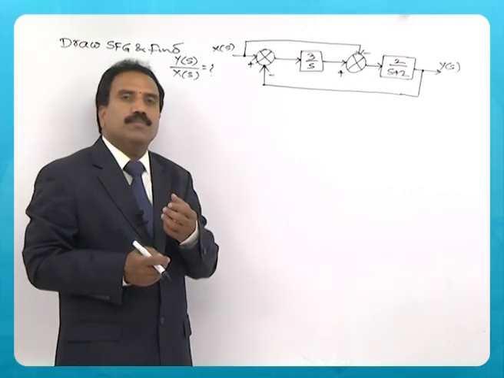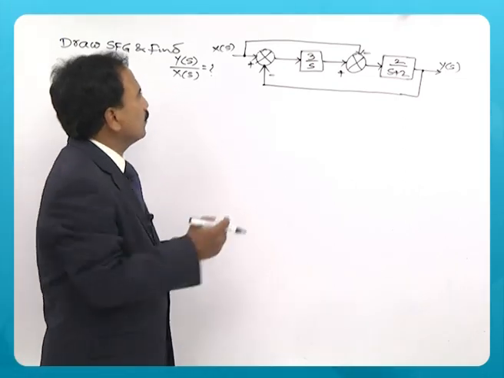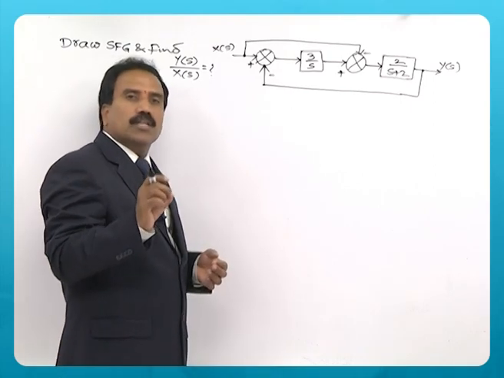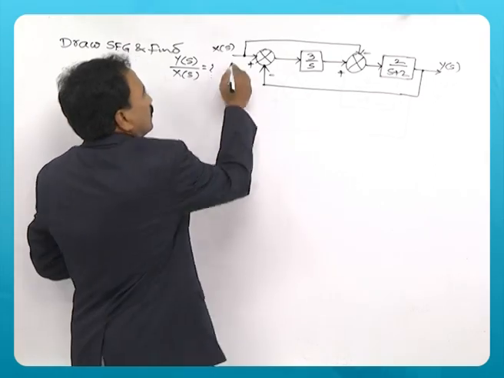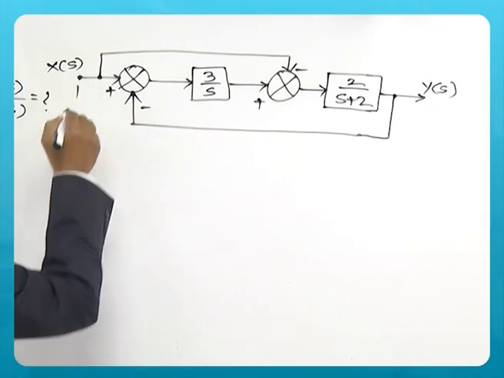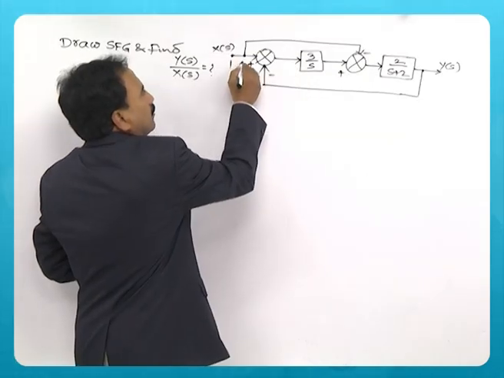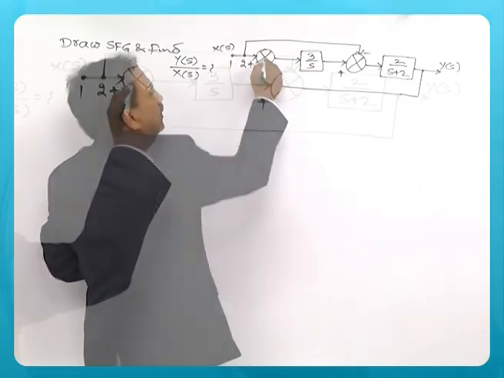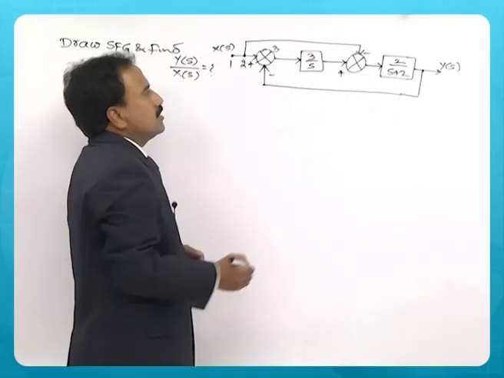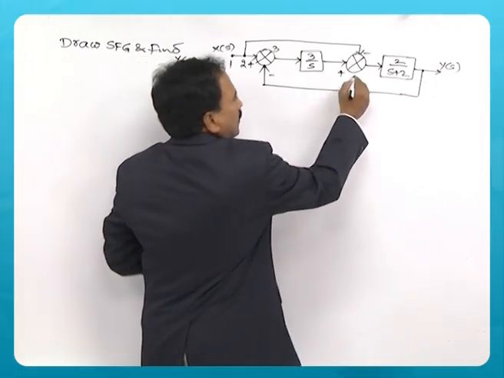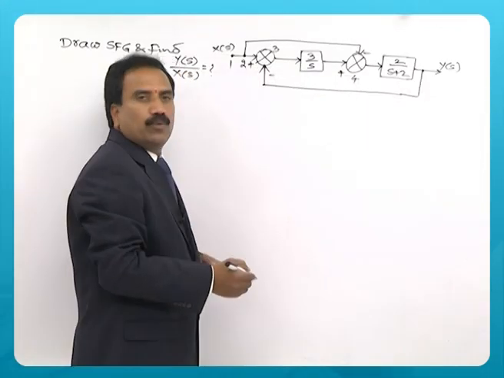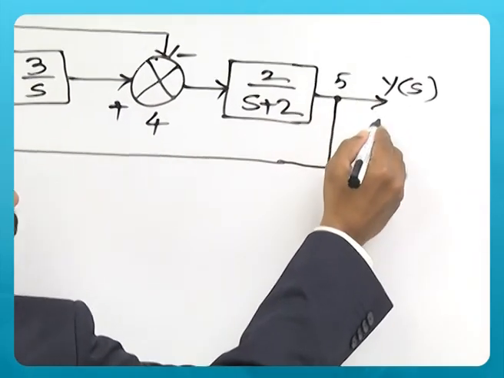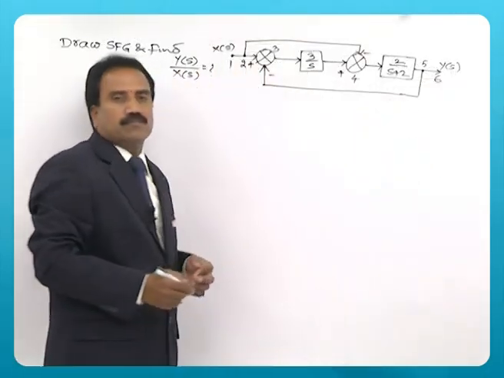The first step you should remember to draw the signal flow graph is that you need to identify the nodes, which are nothing but variables. So the input variable is node 1, there is a takeoff point here, call it node 2, there is a summing point, call it node 3, there is another summing point, the fourth node, and takeoff point 5 and output variable 6.